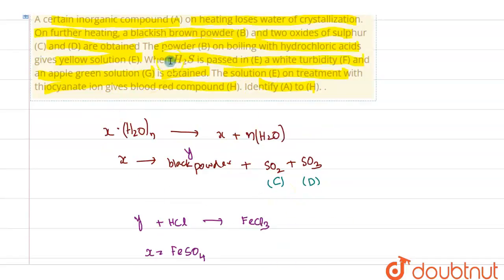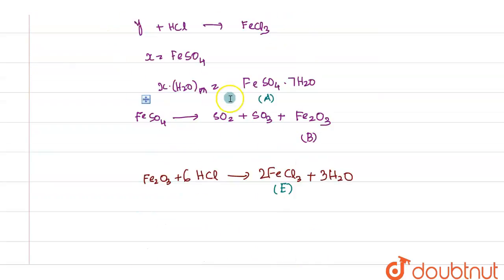Now once we have got E, when H2S is passed in E, white turbidity is formed. E is FeCl3. When H2S is passed through it, sulphur will be formed, which is the white turbidity F, and we will have HCl, and the other compound formed is ferrous chloride, FeCl2.